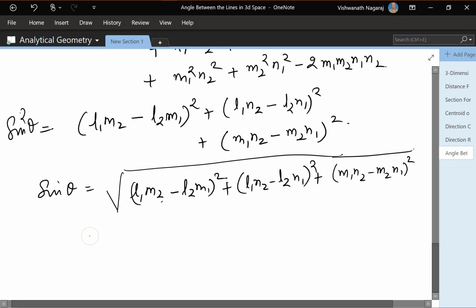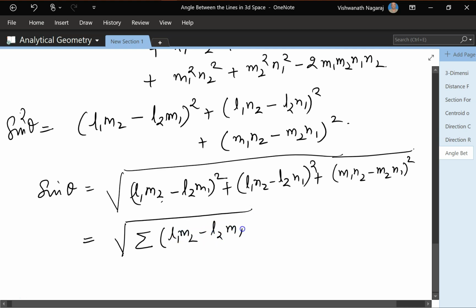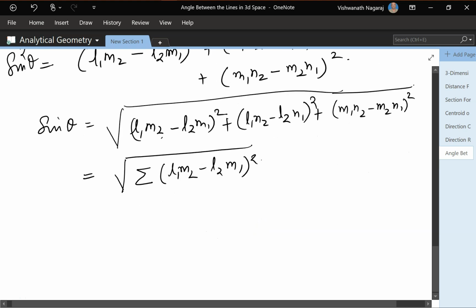In short, we can write this as square root of (L1 m2 minus L2 m1) square. Remember, this is the notation where we keep substituting.